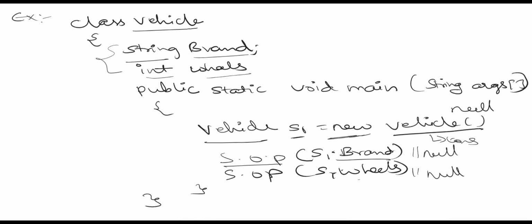If we want to give any value, it first checks the constructor in the code and then executes it. If the constructor doesn't specify any values, then it gives the default values, so null will be printed for the brand.